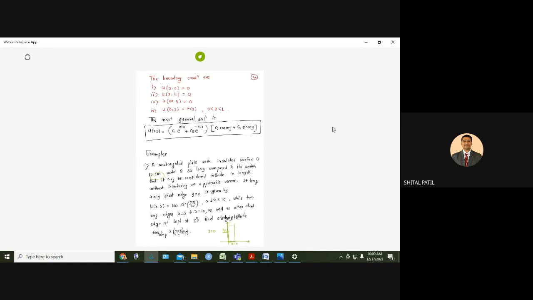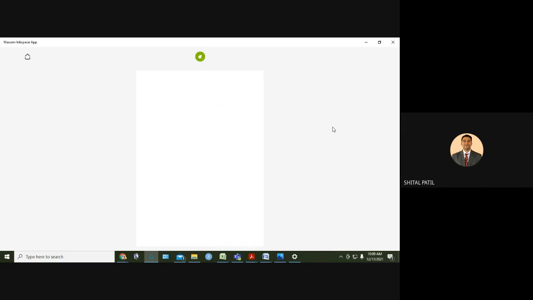Okay. So on the next page, write down. The plate is kept along the y-axis. Okay. This is the plate.